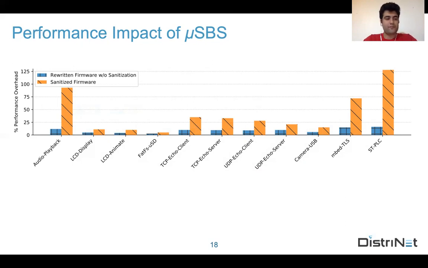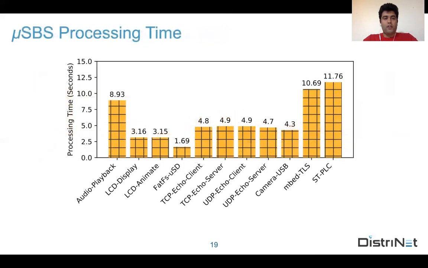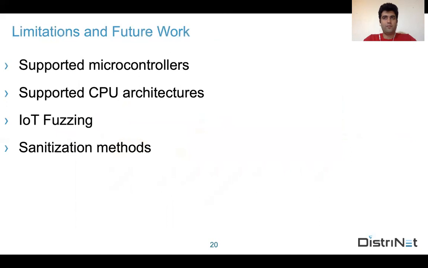Also for the firmware with sanitization, the execution overhead is about 32%. And for evaluating the processing time of MicroSBS, you can see in this chart that MicroSBS spends about 5 seconds for sanitizing and instrumenting each firmware, which is actually a promising result compared to the state of the art for making faulty states observable.